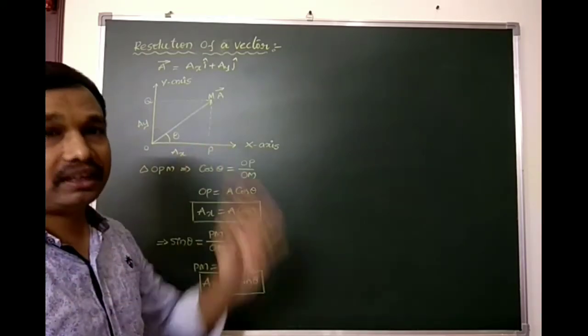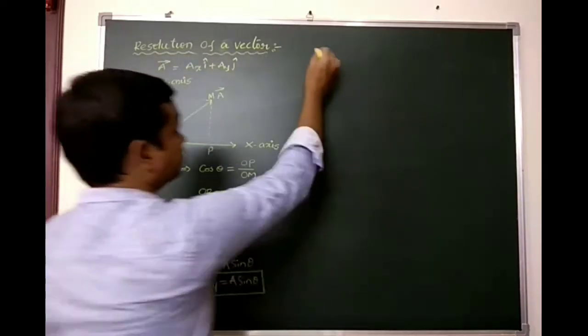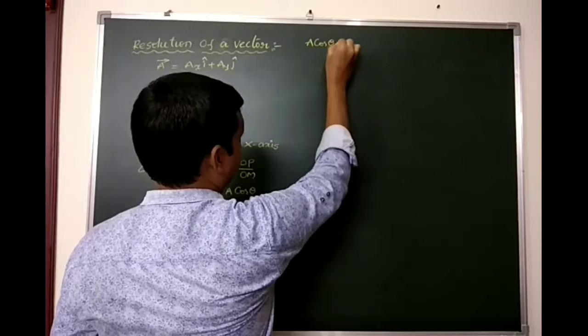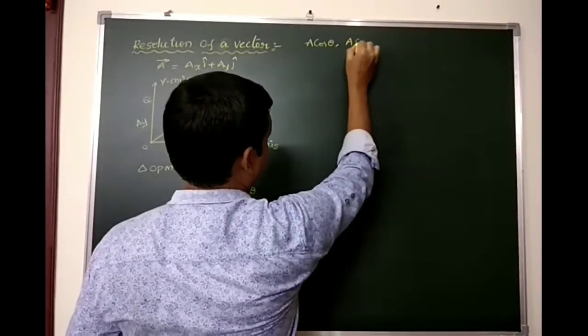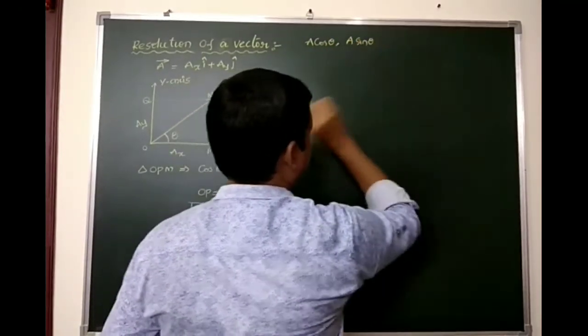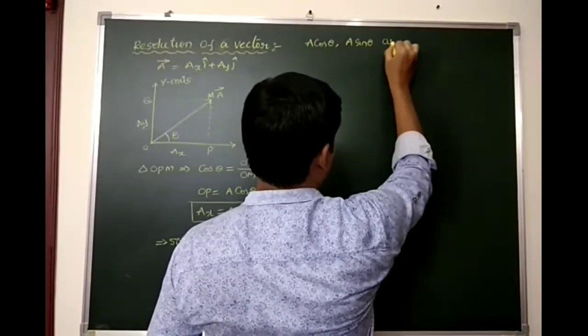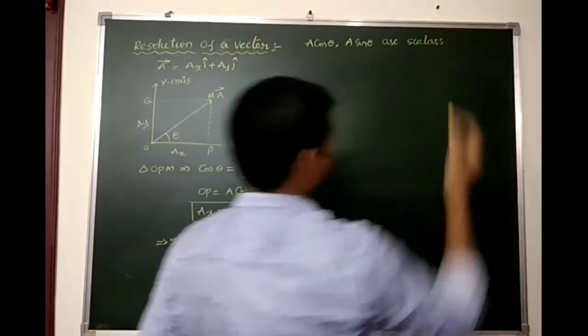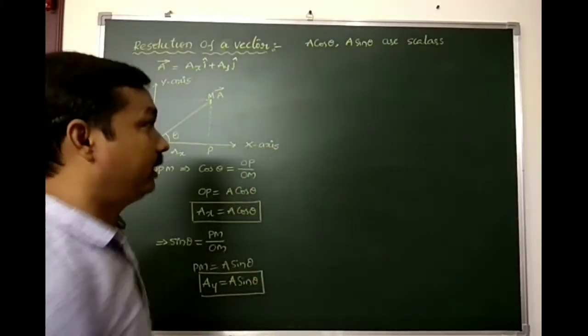They are not vector quantities. A cos theta and A sin theta are scalars. They are not vector quantities.